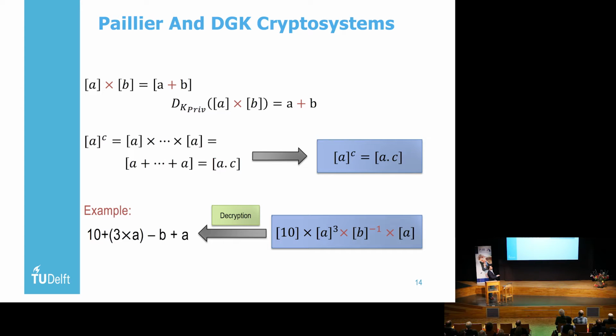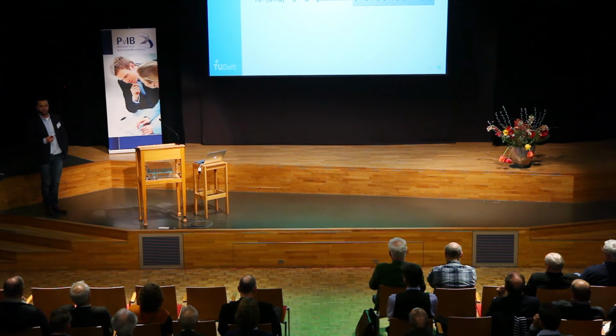You can take the power -1. It's an inverse function which corresponds to the minus operation, subtraction. And additions become multiplication in the ciphertext domain. So this is doable. It's not magical, but it's doable.